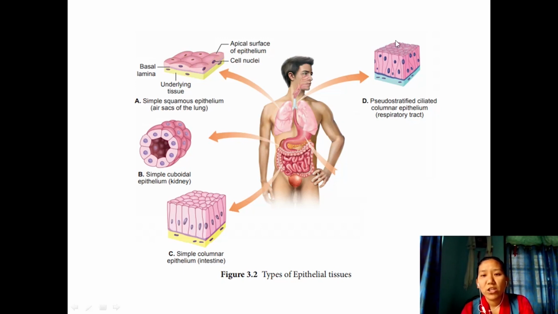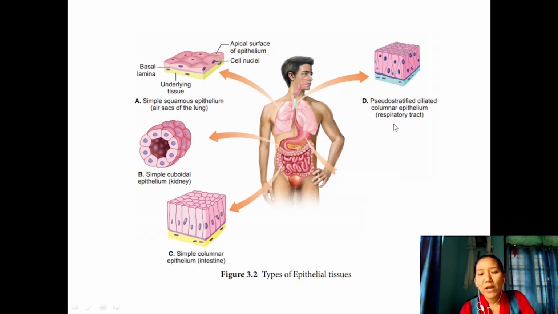Then we call it ciliated epithelium, and such ciliated epithelium is found in the respiratory tract. During breathing, some external particles may get into our body, so in order to remove them, the cilia beat in a particular direction so that the particles can be removed out of the body.